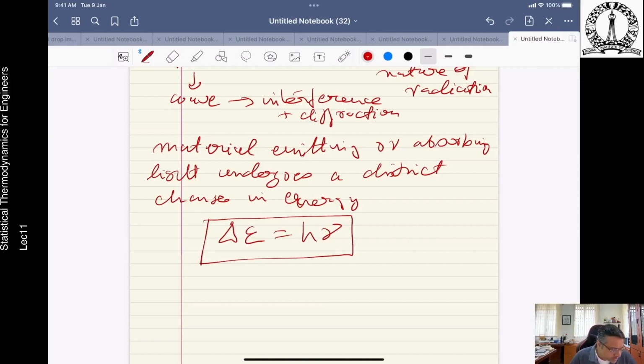So the discreteness comes over here, that the material that is emitting or absorbing light undergoes a distinct change in energy, which is given as this.